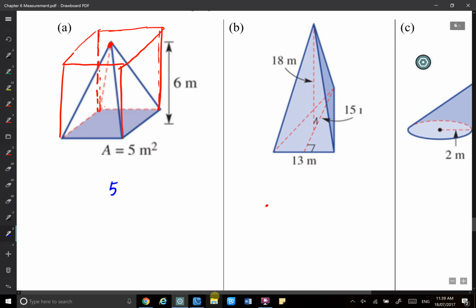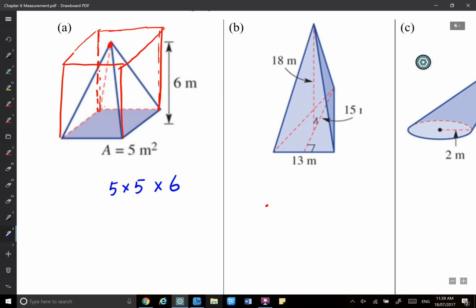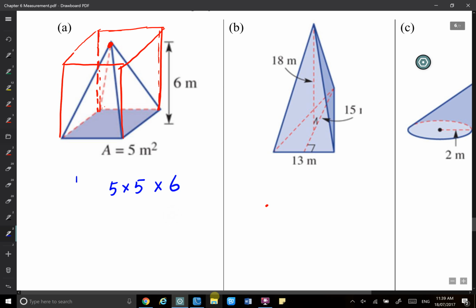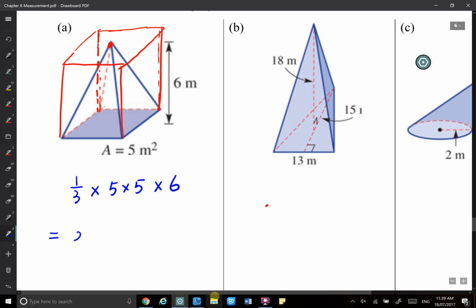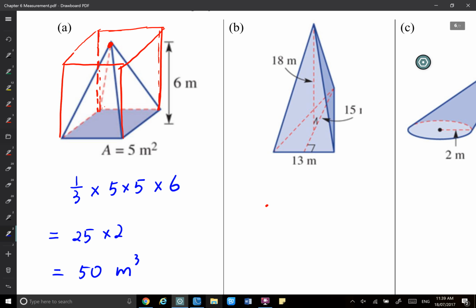So I will times 5 and 5 together, which is the area of the base, the square base, and times this by 6, which is the height, and I will times this by a third, which is the volume of the pyramid, not the prism, the pyramid. So it's 25 times 2, which gives you 50 meter cube.